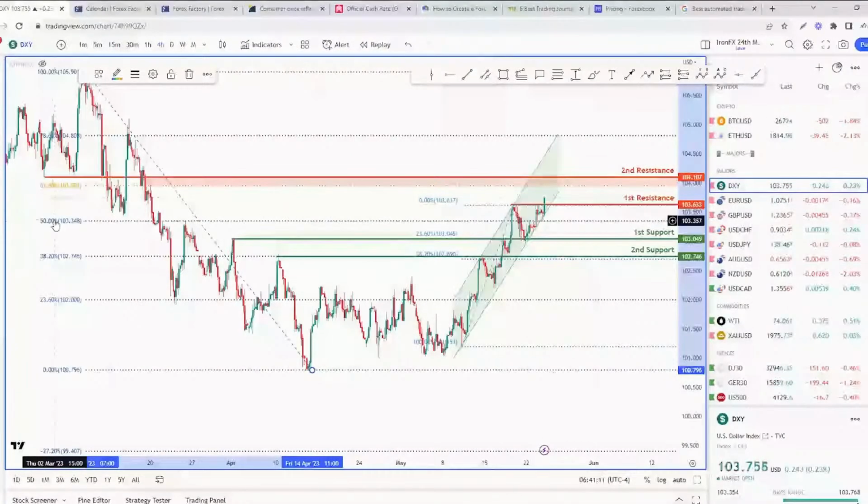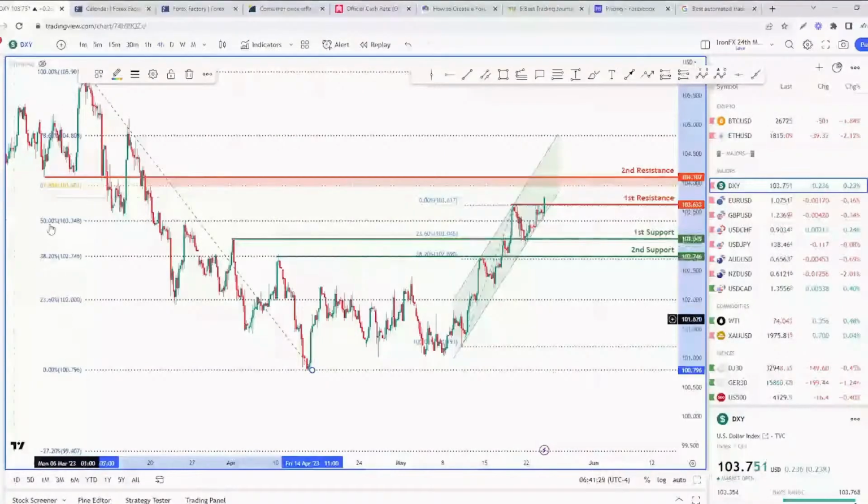As you can see here, 50% did not act as a resistance level at all. So it's important to take note that there may be instances where certain levels will act as serious resistance, and in other cases it may not.